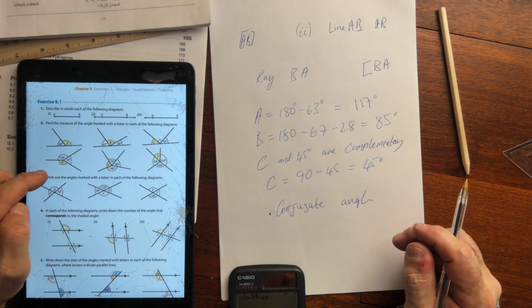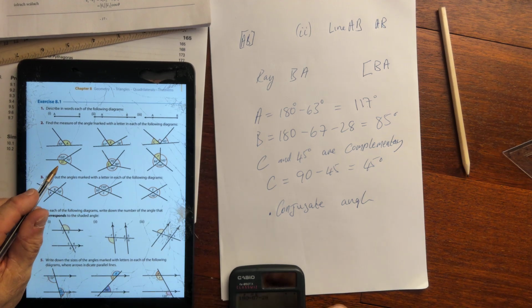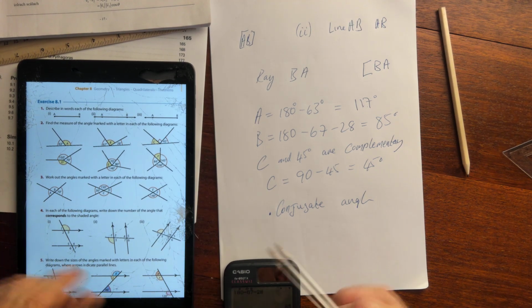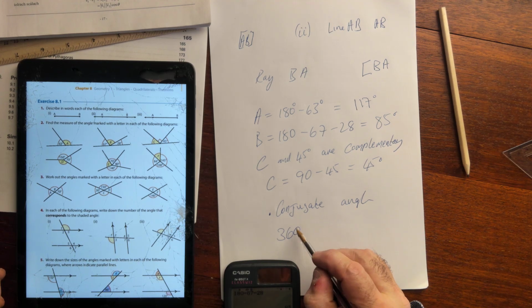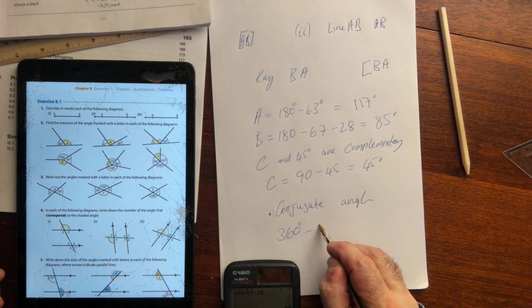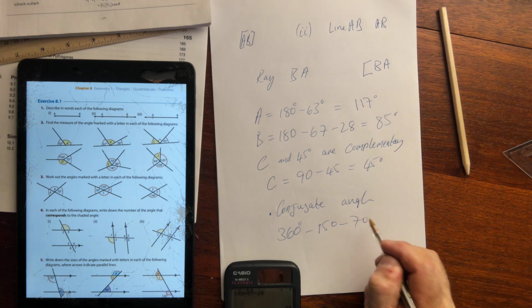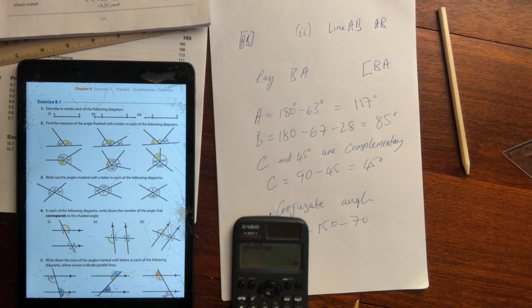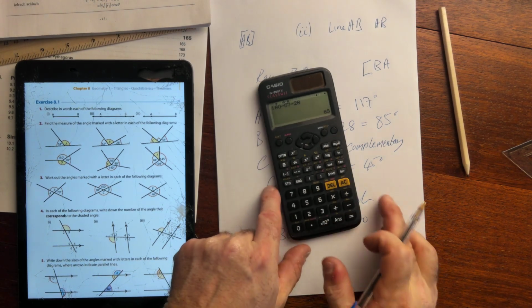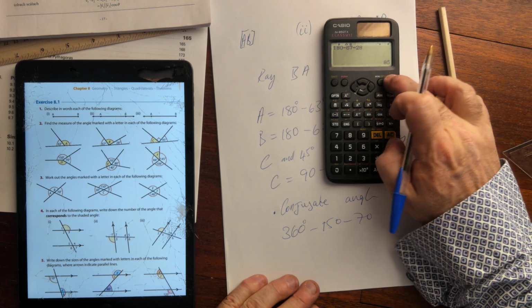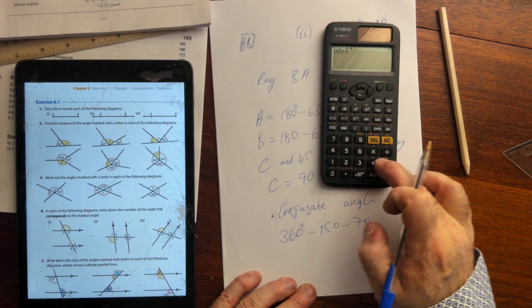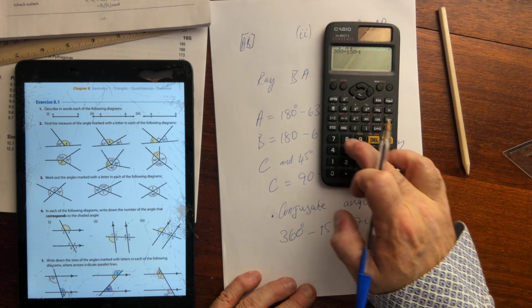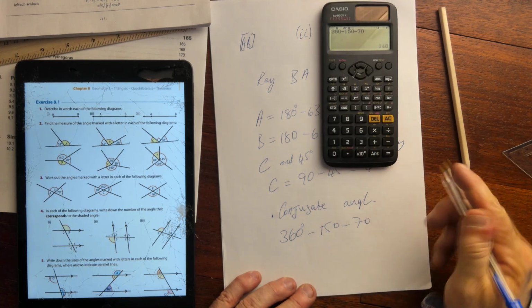So in this one, they're conjugate, so the maths we're going to write down is 360 minus 150 minus 70 in your calculator. I'll put this up here where you can see it clearly with the light. So 360 minus 150 minus 70 equals 140.